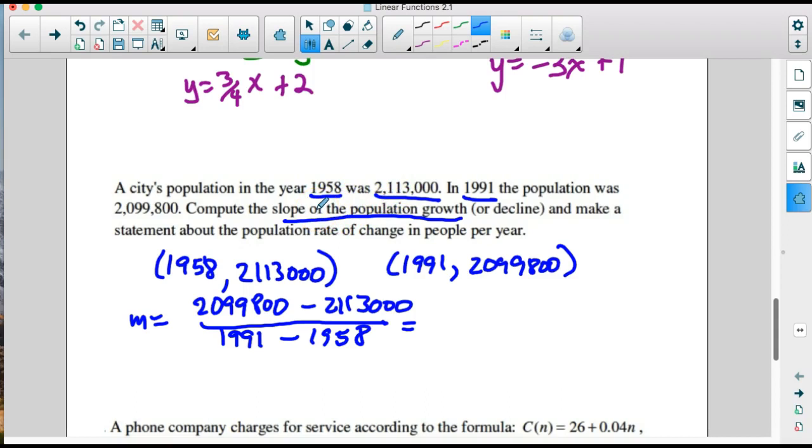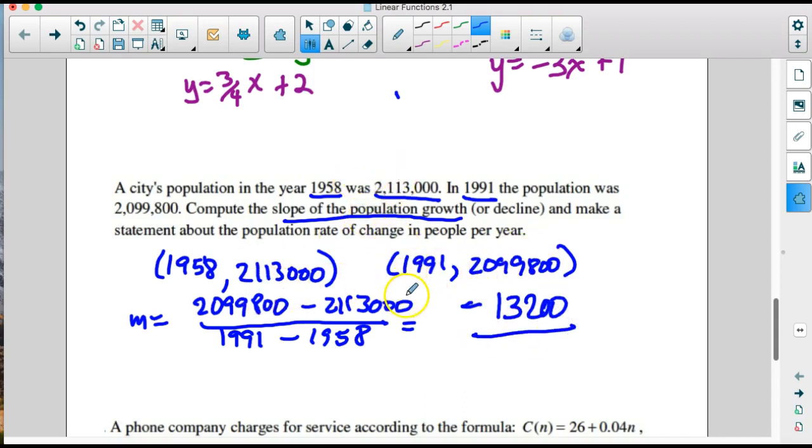So the first problem in the subtraction, when we subtract those two numbers, we get negative 13,200. Okay, so it does go down.